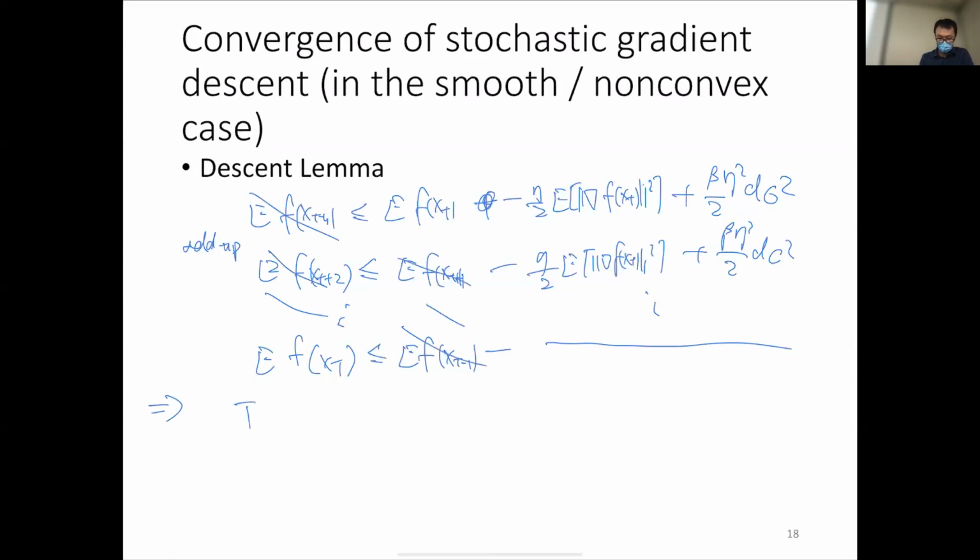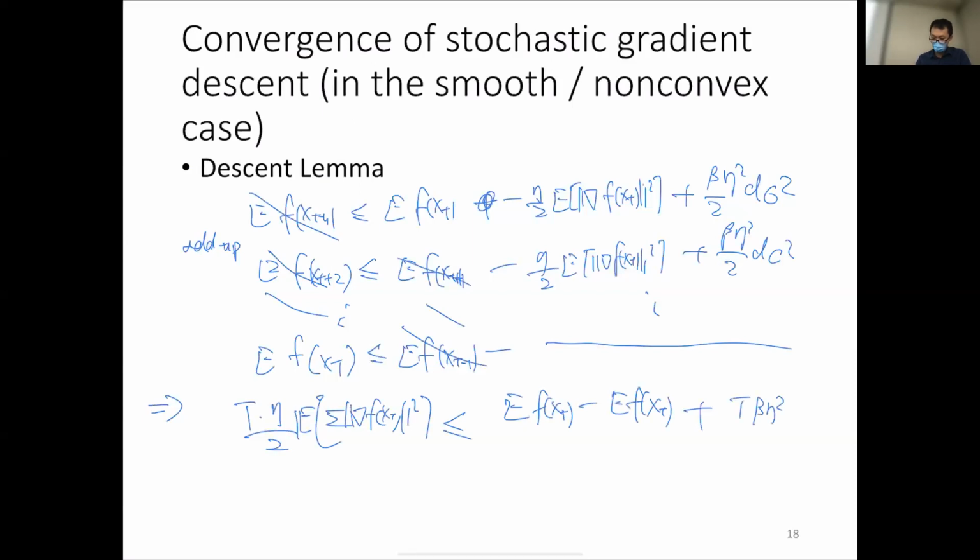t times eta over 2 times the expected value of the sum of the gradient norm squared, and this is smaller than the expected value of f of x_1 minus the expected value of f of x_t, plus t times beta eta square over 2 times d sigma square.